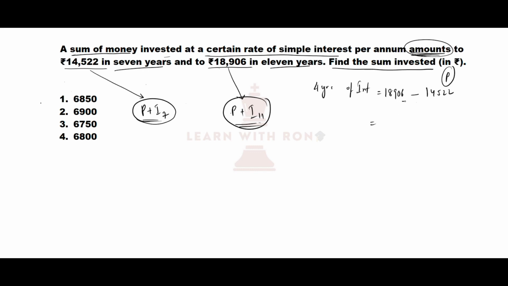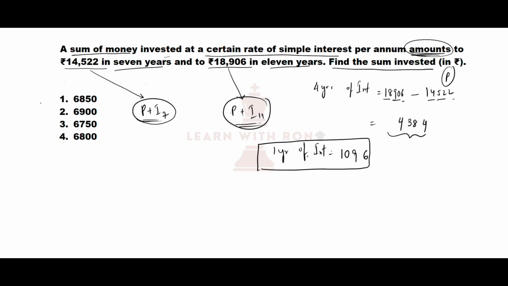See here, 6 minus 2, 4. 90 minus 52, how much? 38. 18 minus 14, how much? 4. So this is the 4 years of interest. So I want 1 year of interest, which is nothing but divided by 4. 4 ones are 4, means 4 tens 40, and 38, 4 nines 36, and 4 sixes 24. So this is the 1 year of interest.